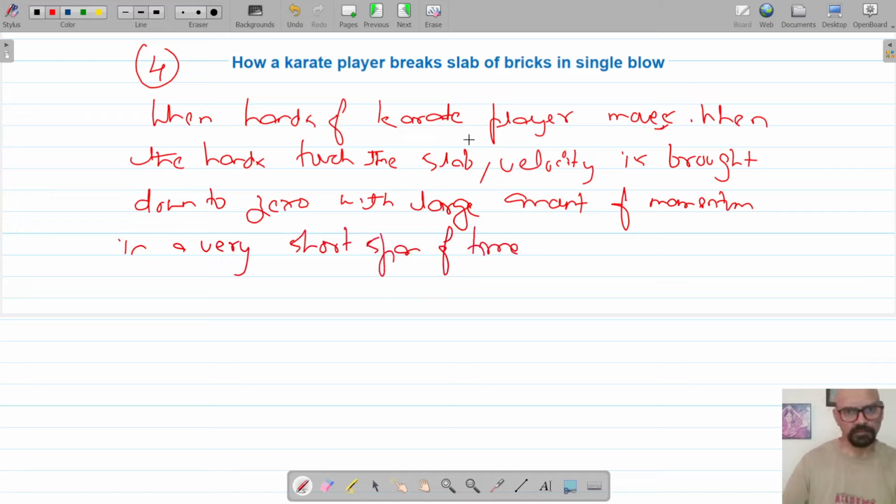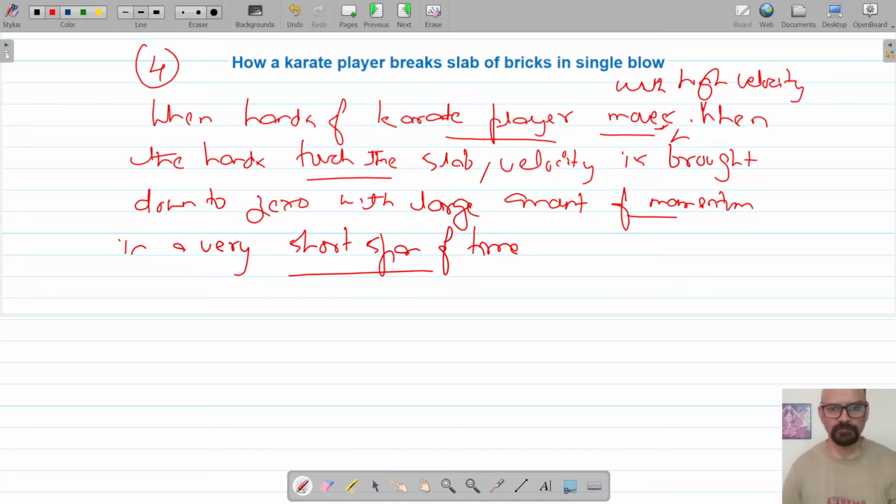So what is happening? The hands of the karate player move very fast, or let's say with high velocity, and come down with high velocity. And when the hands touch the slab, the velocity is brought down to zero with a large amount of momentum in a very short span of time.